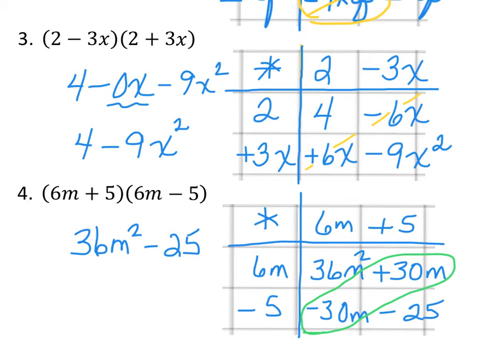The real true difference is that it's just organized a little bit differently. This is first times first. This is your inner and outer terms, and this is your last times your last. So it really is working the same way as the process you've seen before.